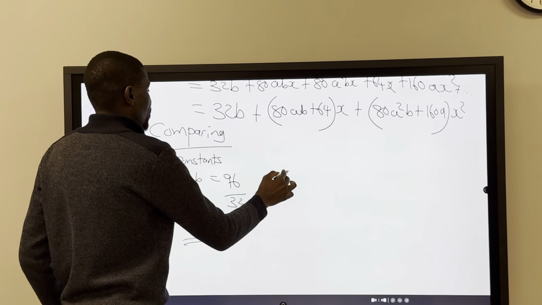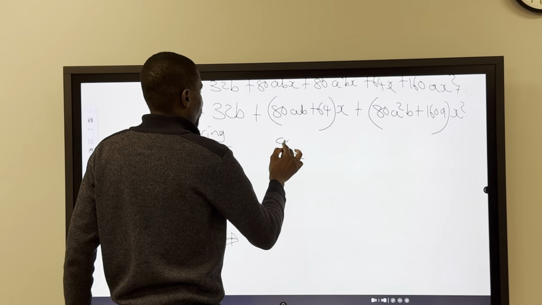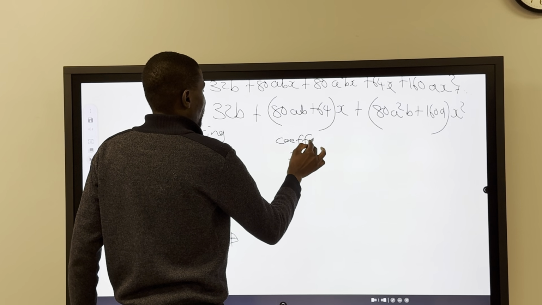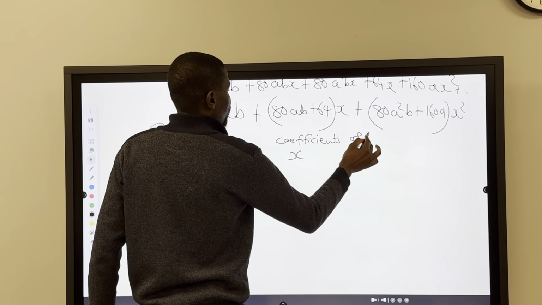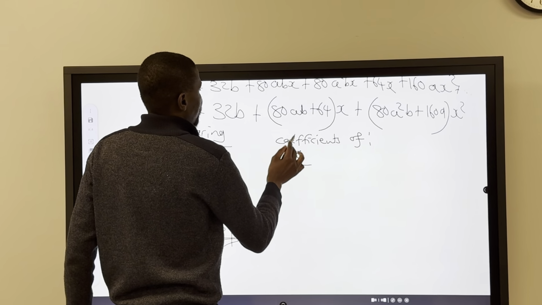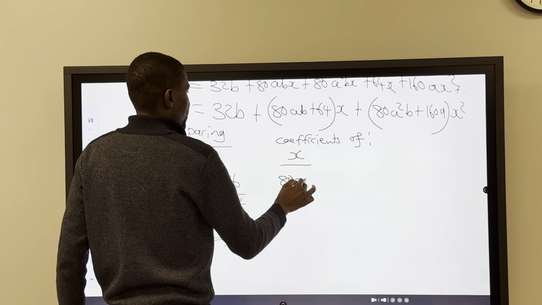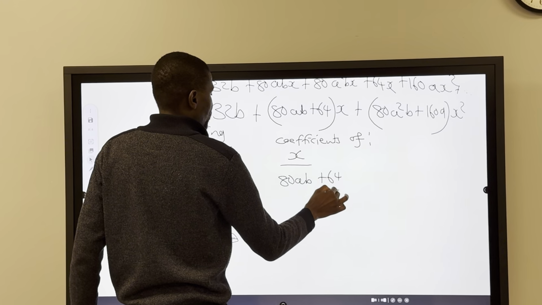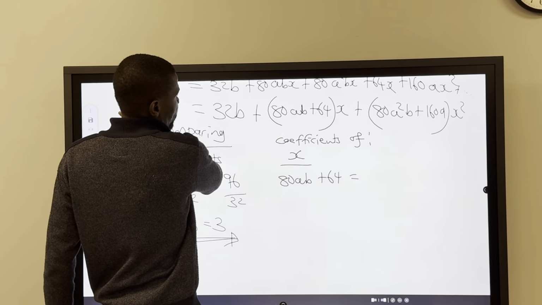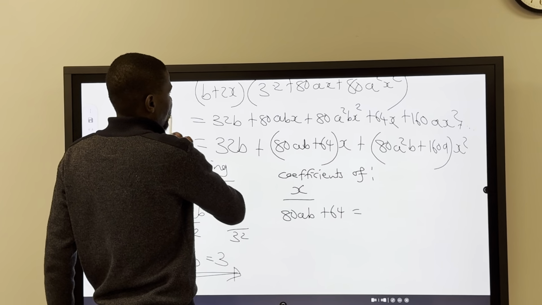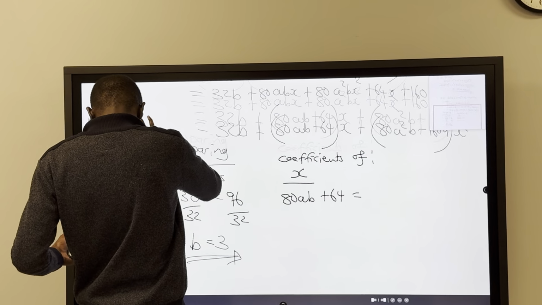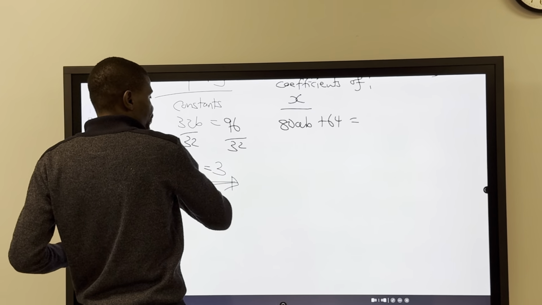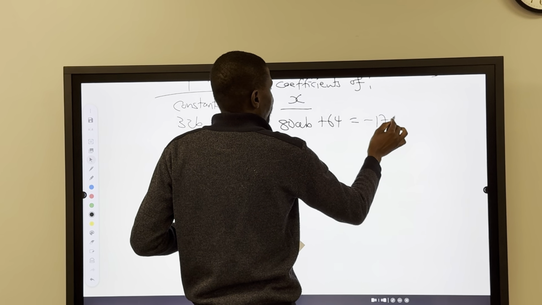So now we are comparing coefficients of x. So I have 80ab plus 64 equal to negative 176.